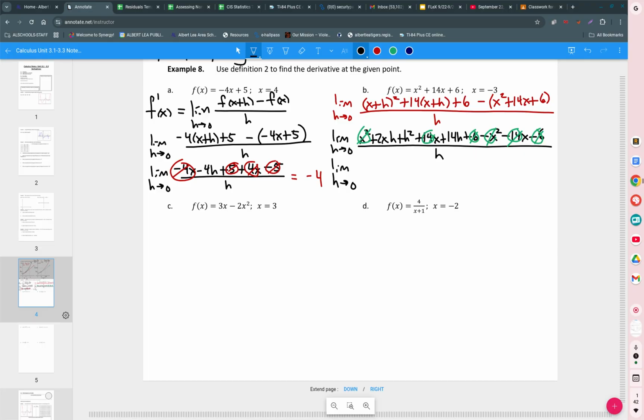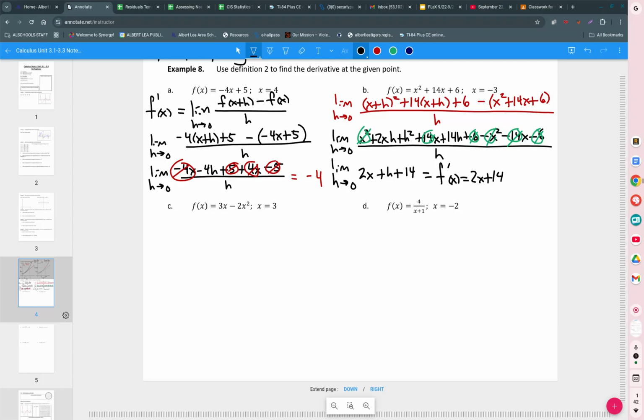Instead of 2xh, we just have 2x plus h plus 14. So notice it says the limit as h goes to 0. So now we plug in 0. We have to let h go to 0. Your final answer should not have an h in the problem. And what we get is the derivative. The derivative function is 2x plus 14.